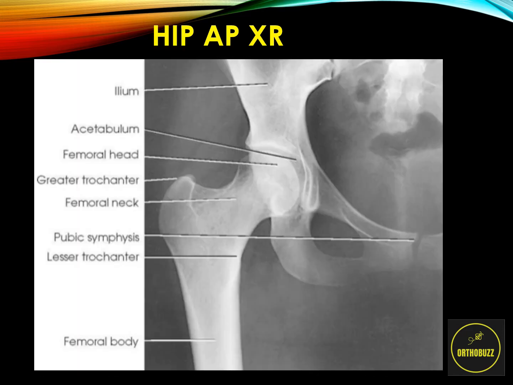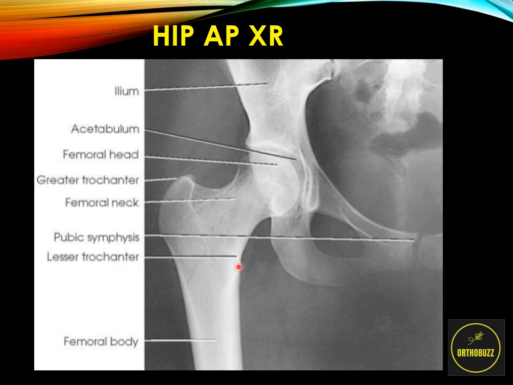So after we've done that, we're going to focus in on looking at the hip itself. As we can see, we talked about the ilium over here, the acetabulum, the femoral head over here, the femoral neck as before, and the lesser trochanter, which is less visible. And the lesser trochanter can give an indication of how rotated the film is.